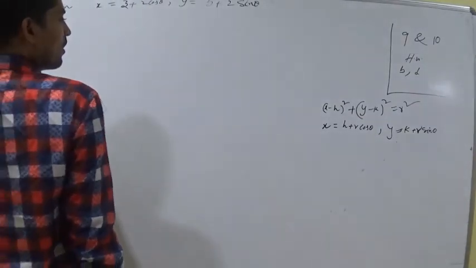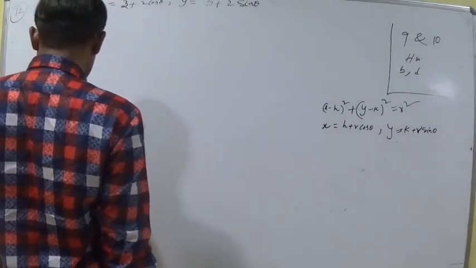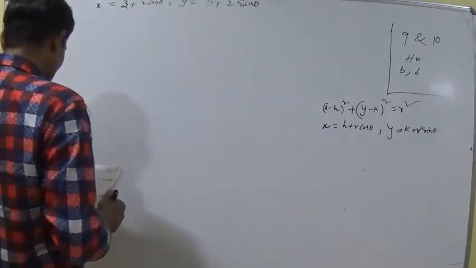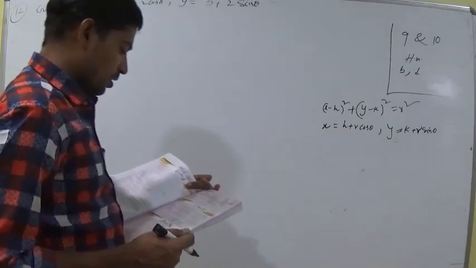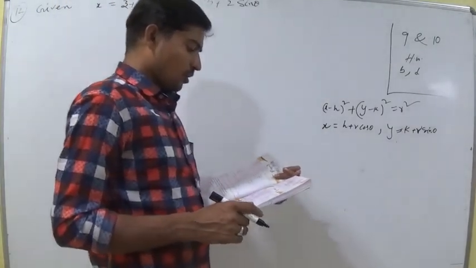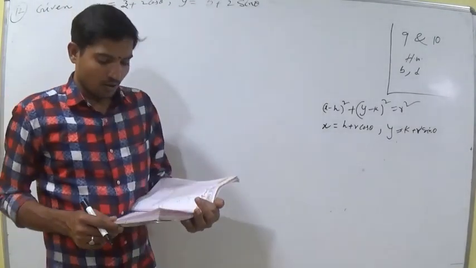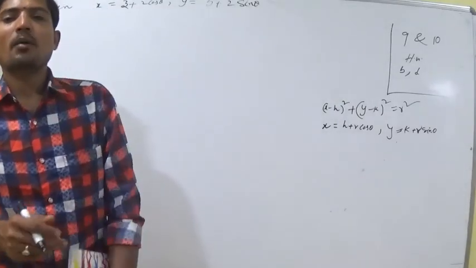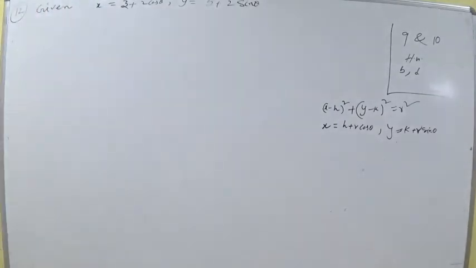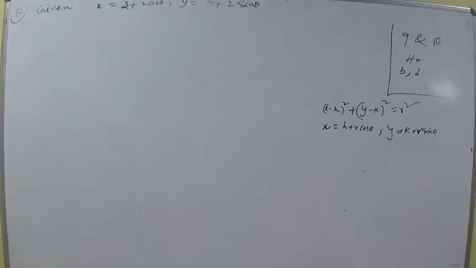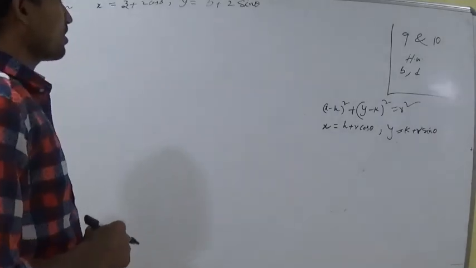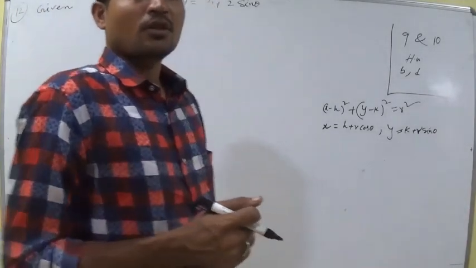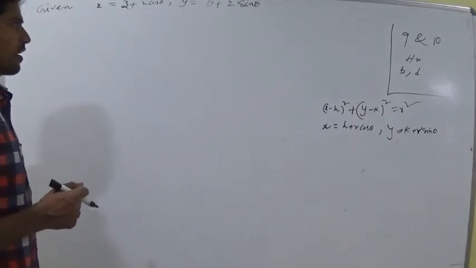Here we know that the point is h comma k. X equal to 3 plus 2 cos theta, y is equal to 5 plus 2 sin theta.